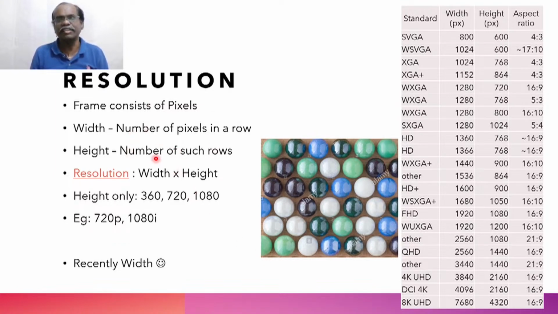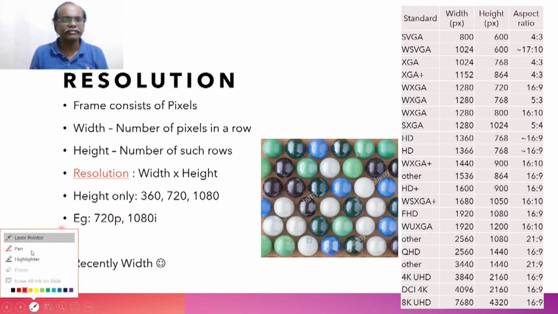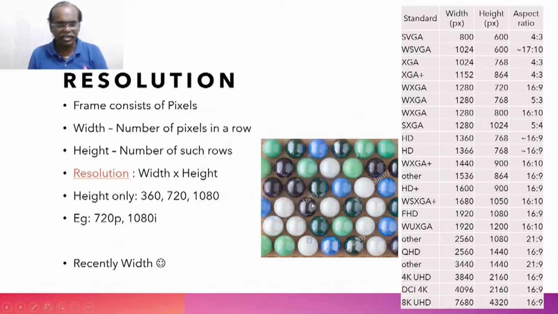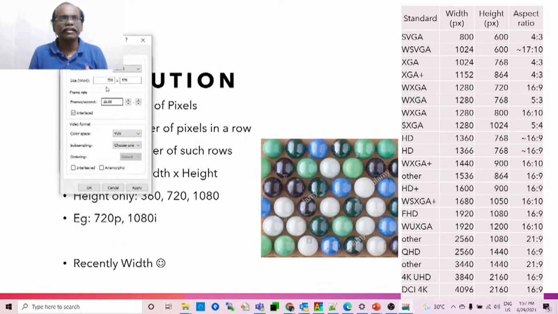So width and height are very, very important in video. It's called resolution. Resolution is equal to width into height. Let's see one example. I'll take the same video we have seen now. Look at the resolution.